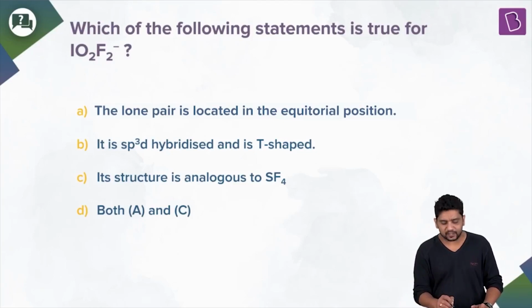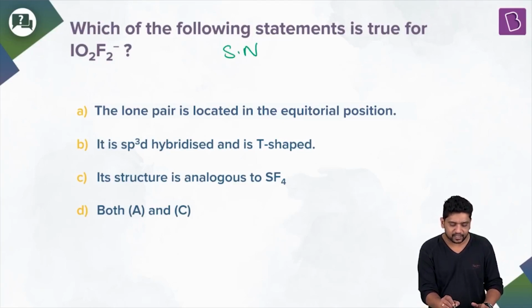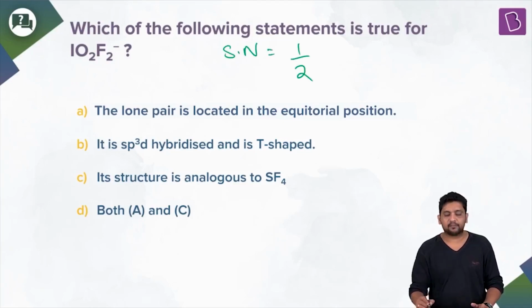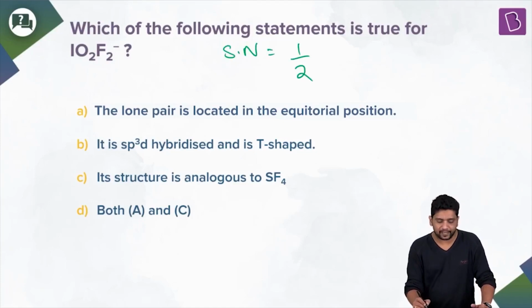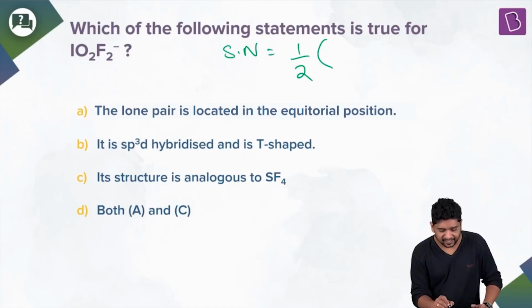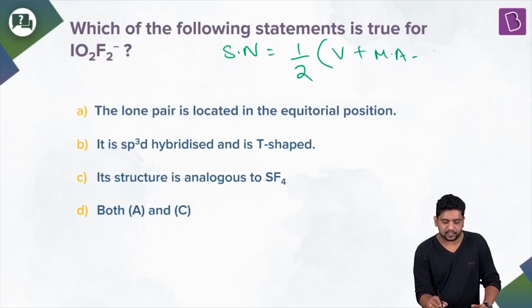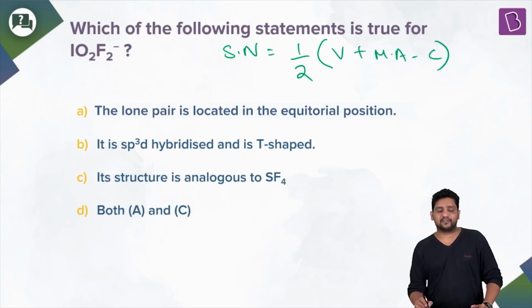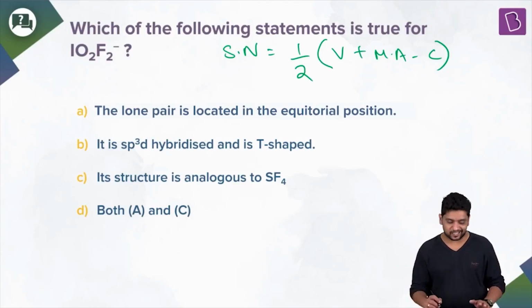So how do we do this? First of all, before we find shape or hybridization, we need the steric number. The steric number is the number of sigma bonds plus the number of lone pairs. The formula is half of the number of valence shell electrons plus monovalent atoms minus charge on the central atom. As far as the central atom is concerned, we consider the one which is least in number, which can form the maximum number of bonds, which is largest, and so on.